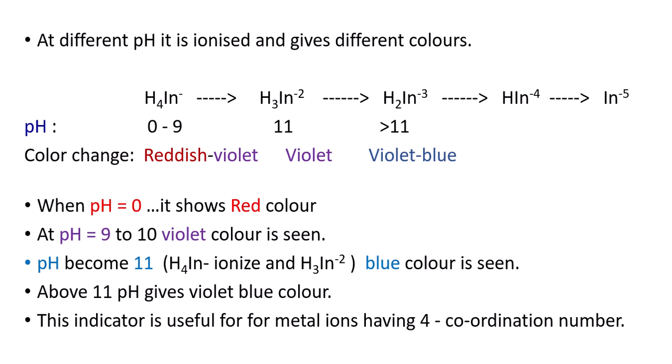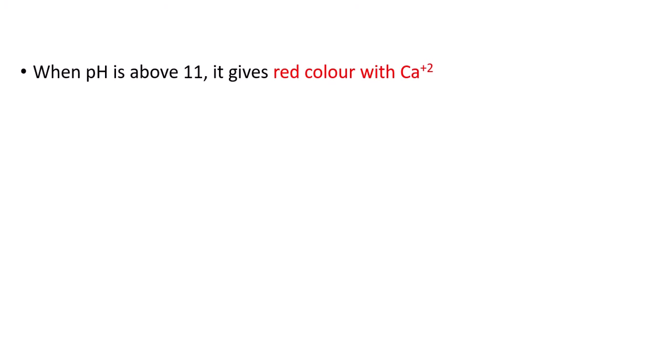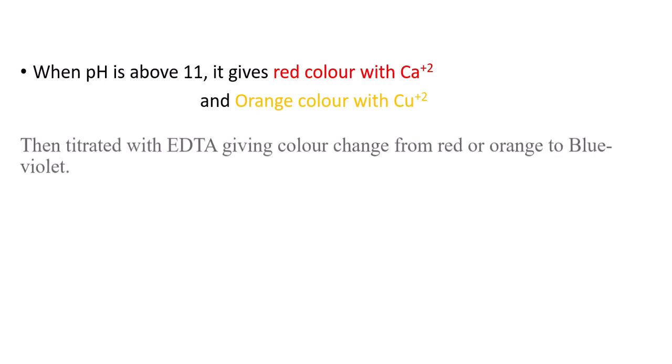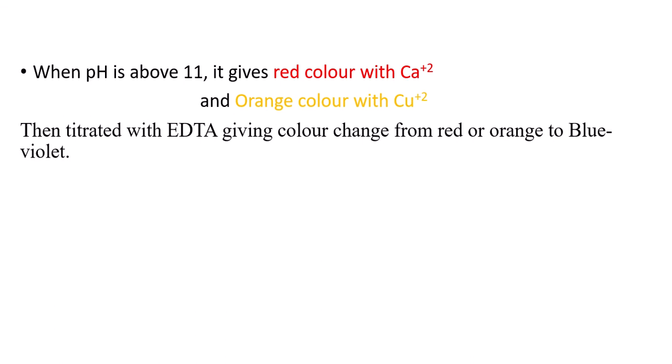So generally this indicator is useful for the metal ions having coordination number 4, because there are 4 replaceable hydrogen atoms present. Generally we use this for the estimation of calcium and copper. Above pH 11, it gives red color with calcium and orange color with copper. So when titrated with EDTA, it gives the color change from red or orange to blue violet.